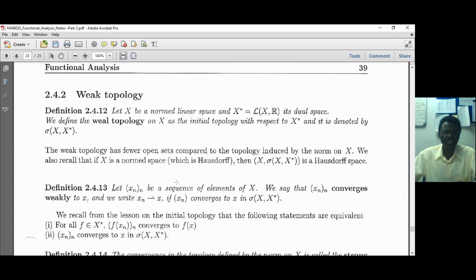Okay, now to prepare the stage for the weak topology, I will take you back, if you recall, when we talked about, what was that? I told you that this will come back.